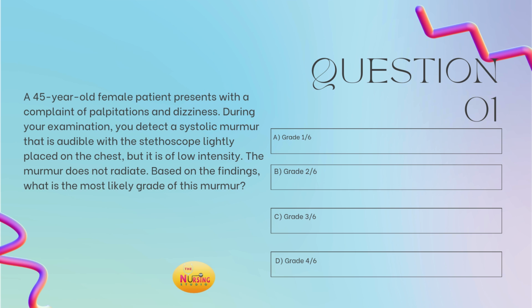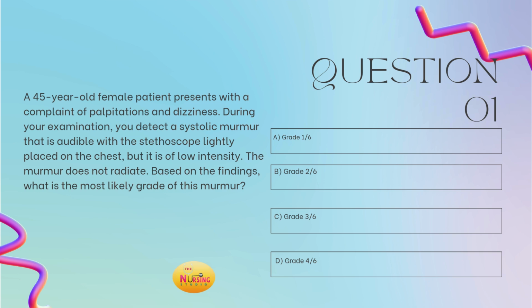We have this 45-year-old female who came in complaining of palpitations and dizziness. On your exam, you detect a systolic murmur that is audible with the stethoscope lightly placed on the chest, but it's low intensity, right? All right, so a few things that I would tell you to walk through. Immediately, you can eliminate D because it does not mention a palpable thrill, and grade 4 is when the palpable thrill starts.